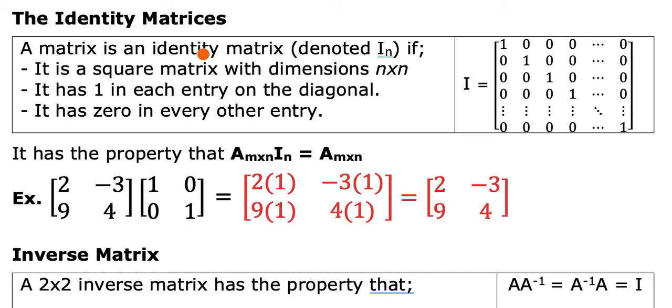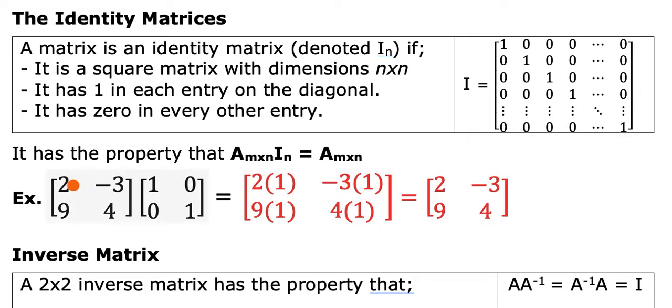A matrix that is an identity matrix, denoted I subscript n, is a square matrix with dimensions n by n. It has 1 in each entry on the diagonal, as you see here, going down to the right, and it has 0 in every other entry. Good.